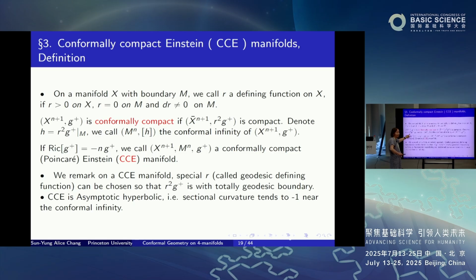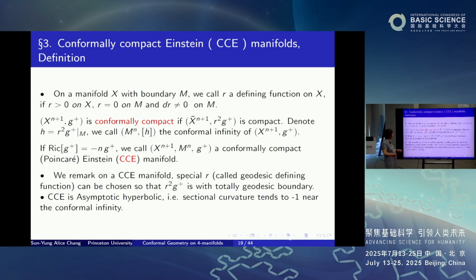We can multiply r by any positive function and get another defining function. So that means in this way of seeing h, you only decide h up to its conformal class. And this is called the conformal infinity of the metric.